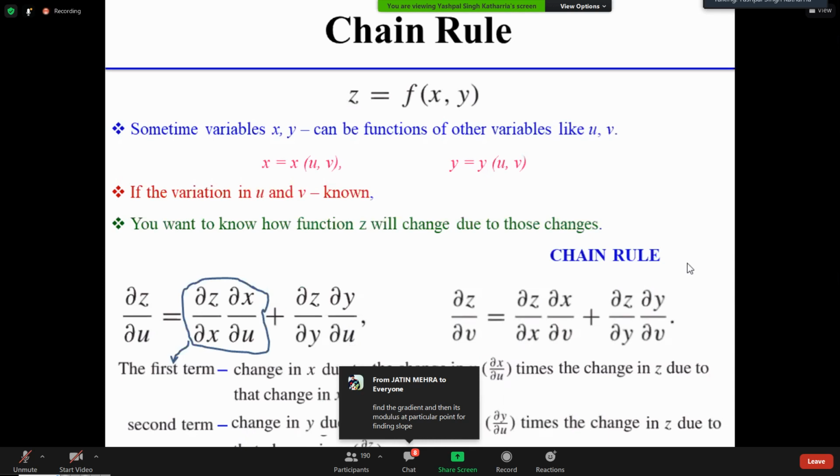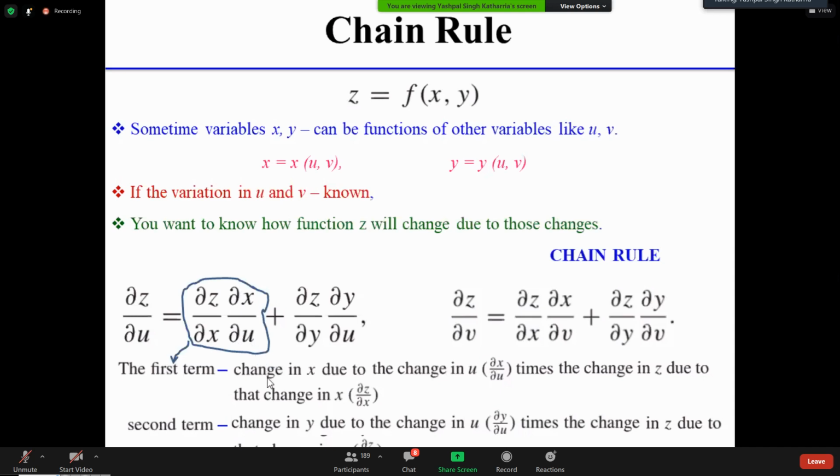So what does it signify? The first term, del z over del x, is the change in function f with respect to x, and del x over del u gives the rate of change of x with u.